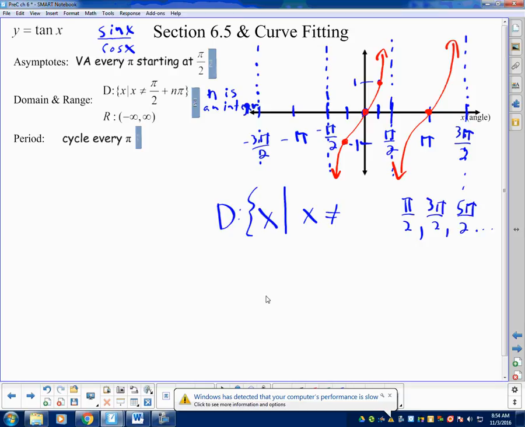That means continue the pattern. I would be okay with this. And then going this direction, we would have negative pi over 2, negative 3 pi over 2, and then you would go dot, dot, dot.